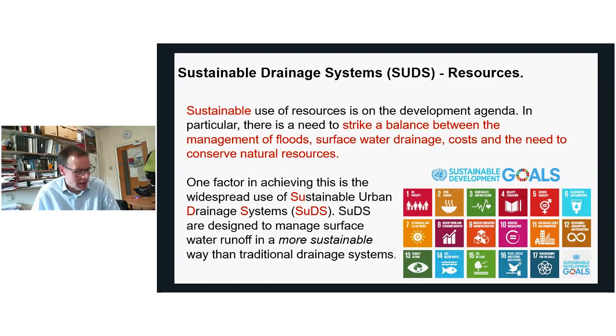And straight away, there's an inconsistency in this slide. I can see that in the title I've called them SUDS, capital S, capital U, capital D, capital S. But then lower down I have called them SuDS, capital S, lowercase u, DS, so sustainable drainage systems.